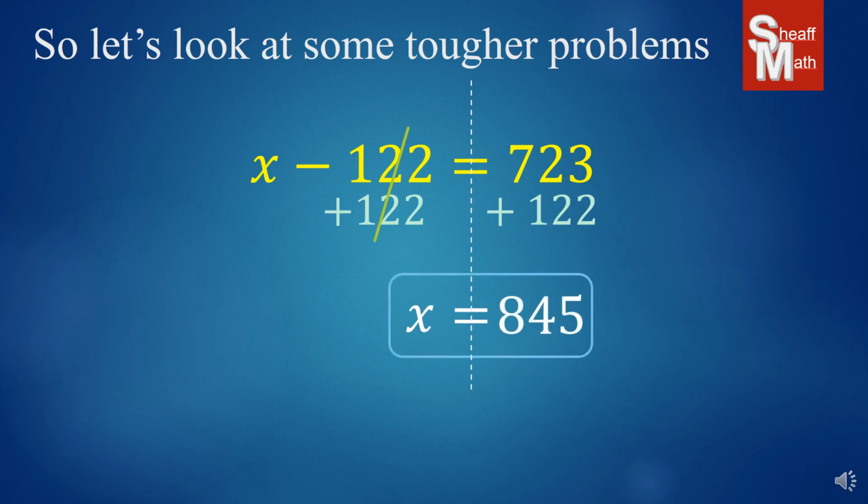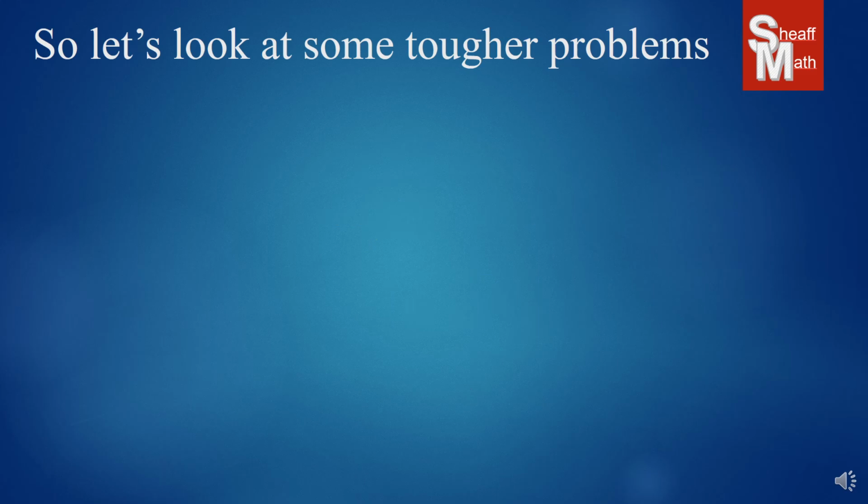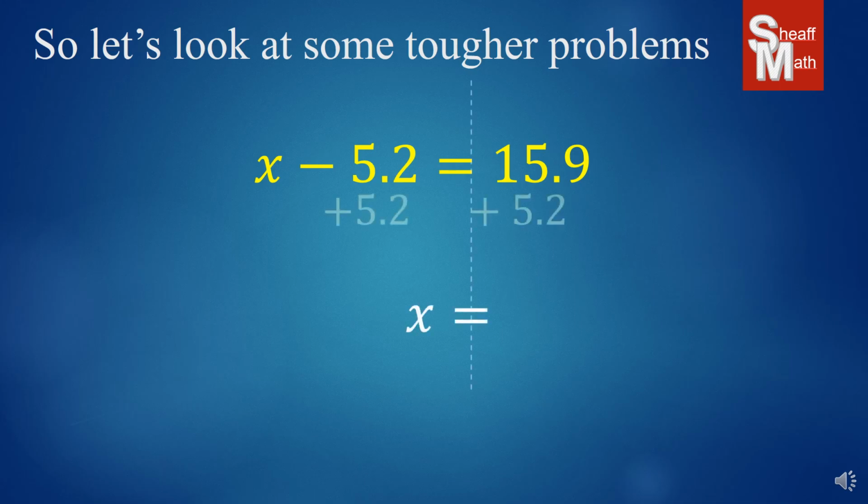And if you put down the calculator, 845 minus 122 is 723. Sometimes we have decimals, and the same method applies. We are going to add 5.2 to undo that minus 5.2. Cancel that out. And x equals, hopefully you know how to add decimals, 21.1.